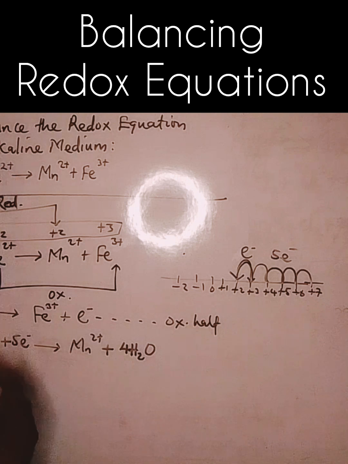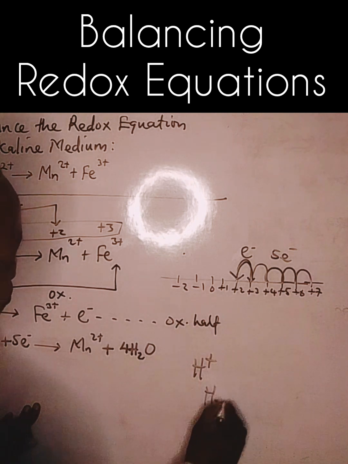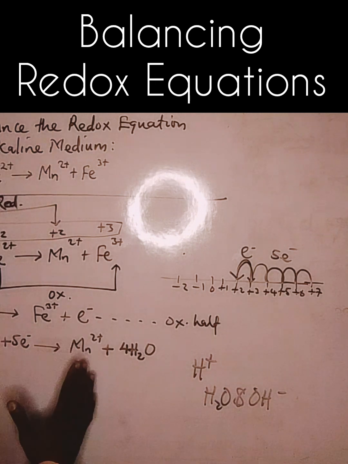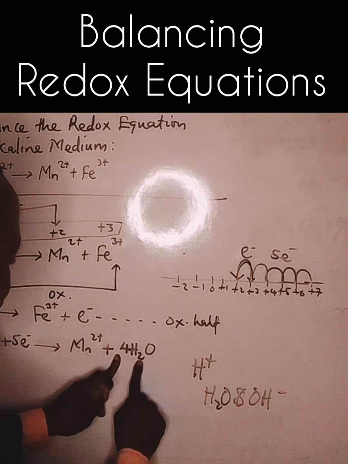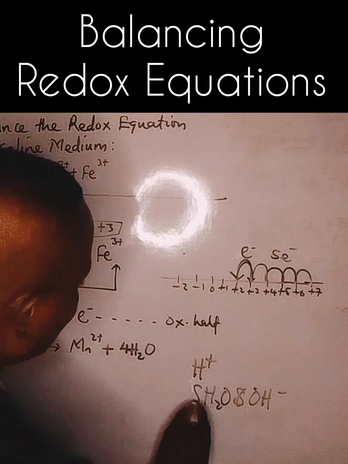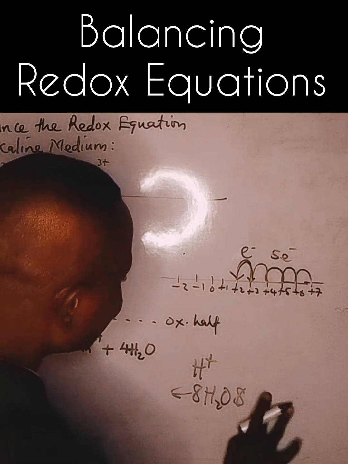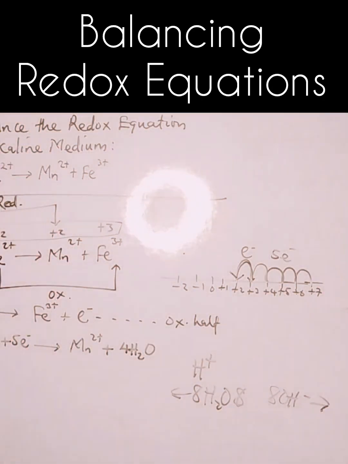In alkali medium, you don't write H+, you write H2O and OH-. So in balancing an alkali medium, what do we have? We have 4 times 2, 8 water molecules should be added to the left, and 8 OH- should be added to the right.